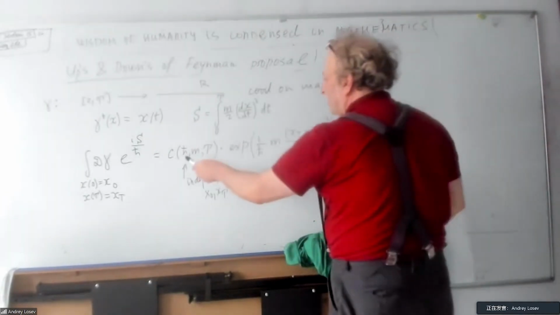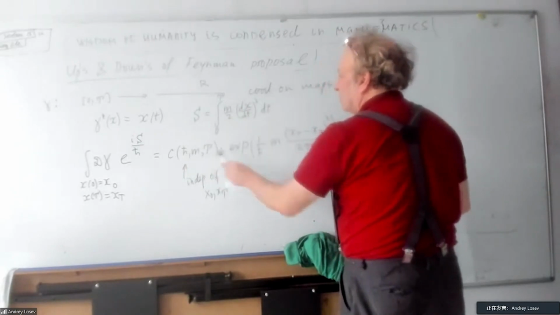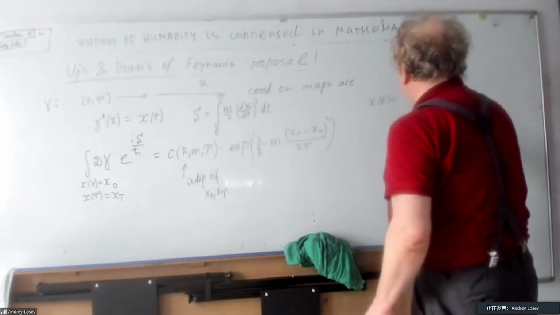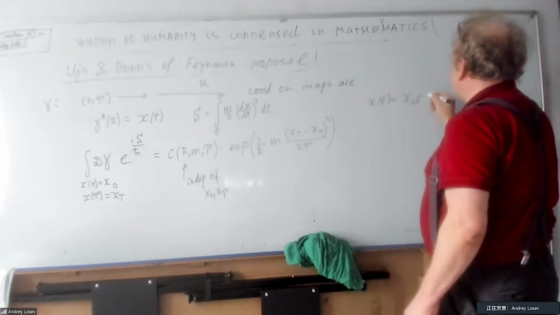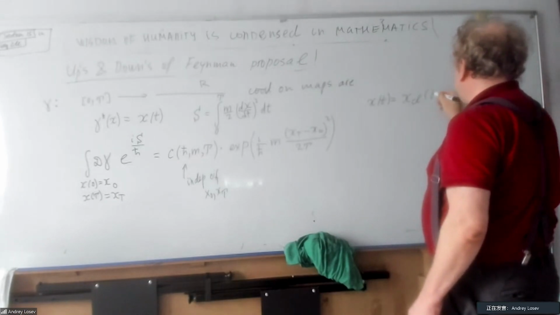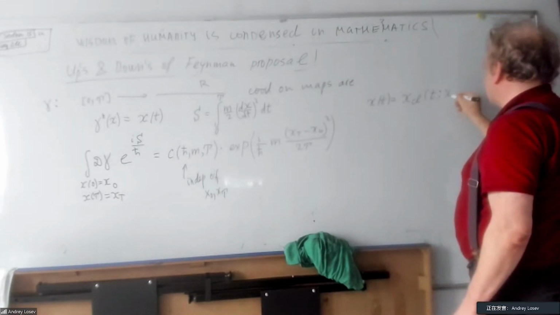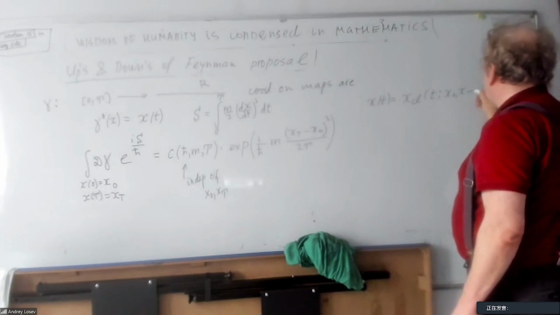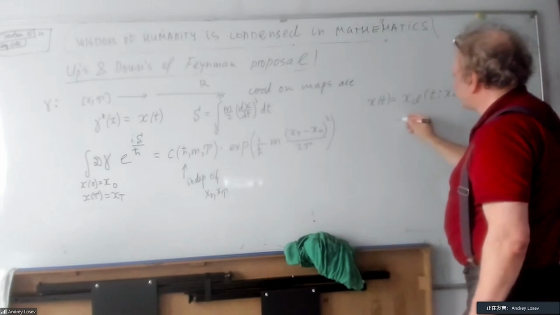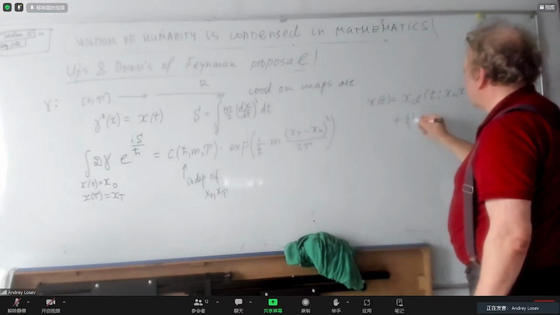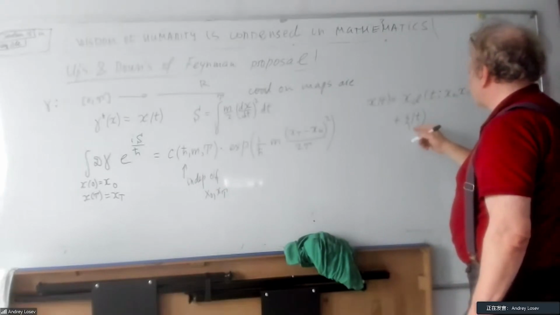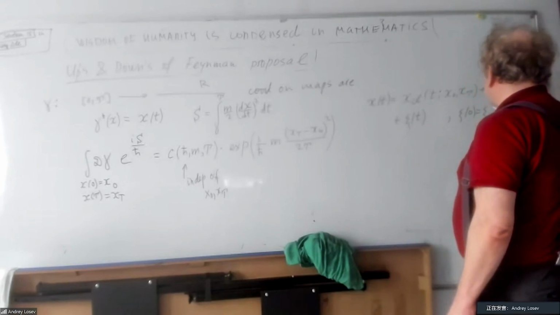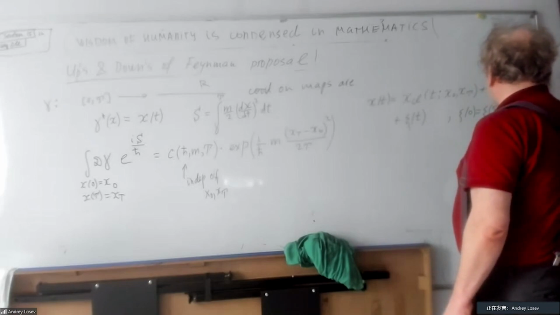I will briefly remind that in order to do it, we said that x of t could be decomposed into x classical, that depends on t, and parametrically on initial and final conditions, plus psi of t, with the conditions that psi at 0 was equal to psi at T capital was equal to 0.